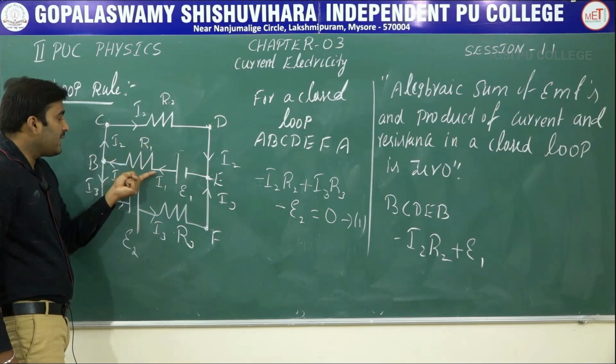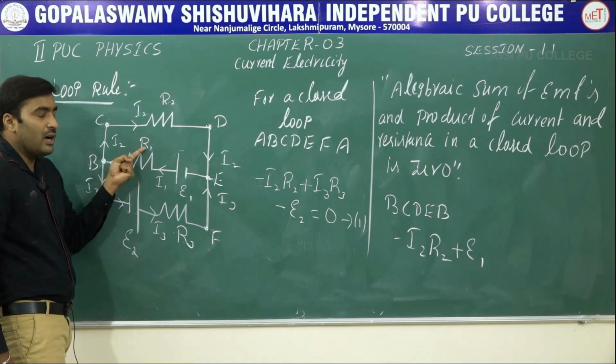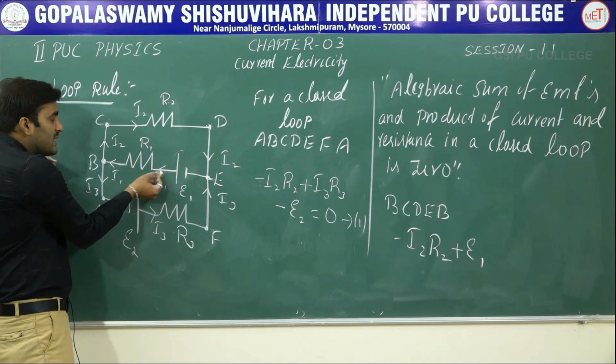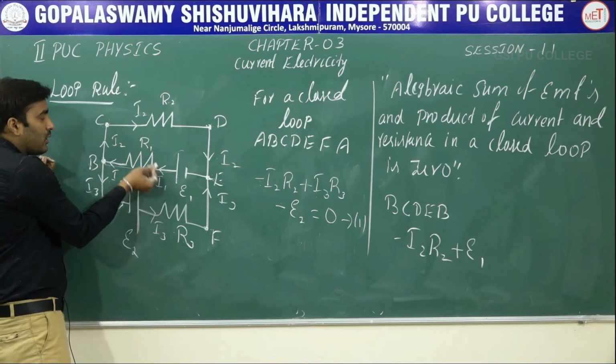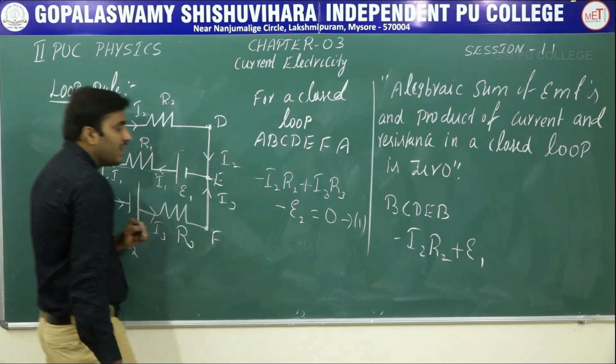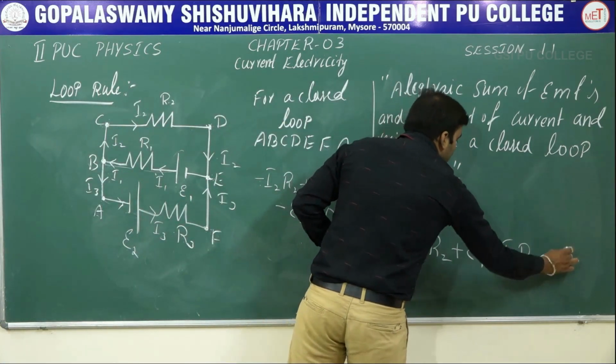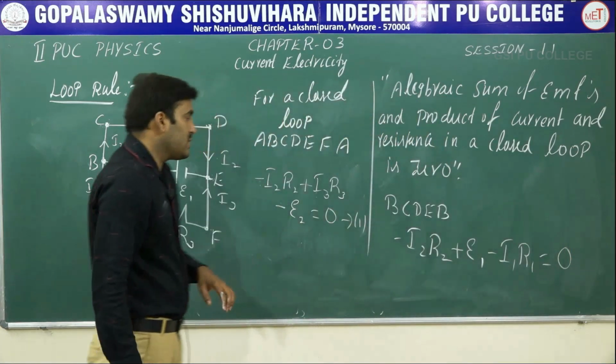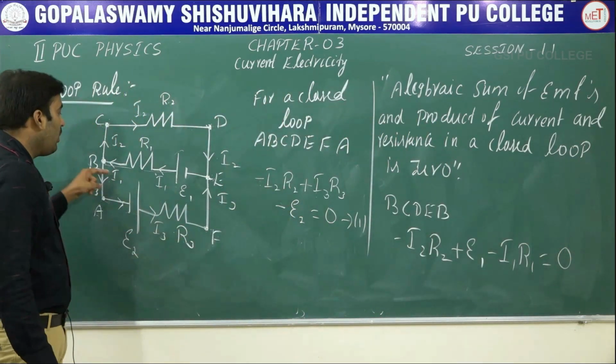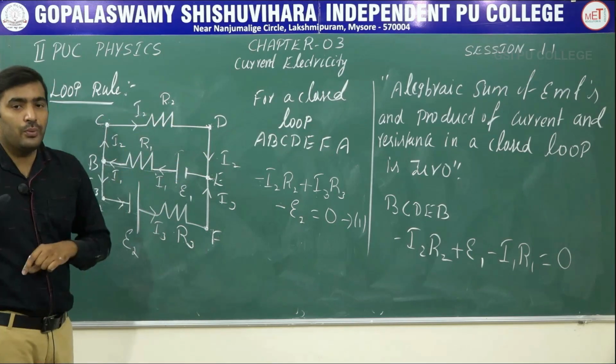The resistor is R1 and the current flowing through it is I1. So we are in the same direction as current. Therefore, the product of current and resistance is taken as negative. So this is minus I1 R1, equal to 0. And this is the loop rule applied for this particular loop.